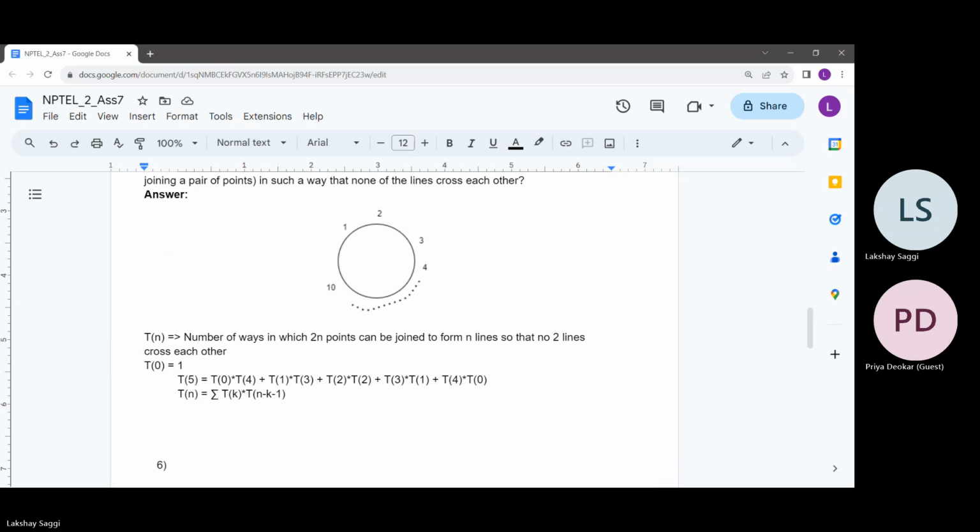Okay, so you don't know. This is called the Catalan number, and you should see this has been covered quite extensively in the lectures. This recursion is the recursion for the Catalan number.